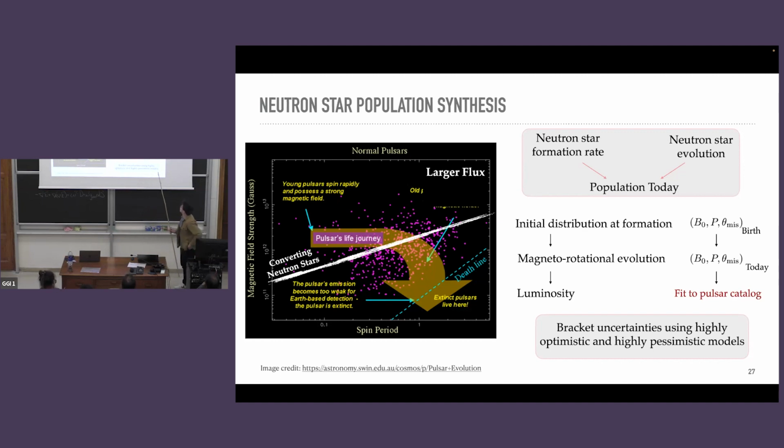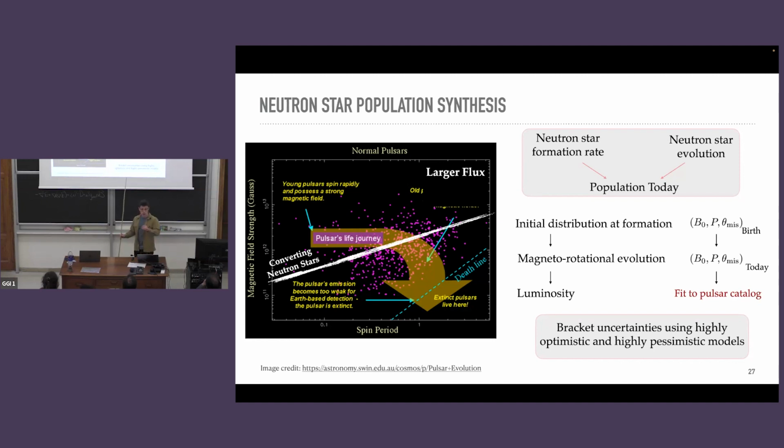And so what that looks like is we need to start with some initial distribution of neutron star properties, model those properties like the magnetic field strength and the spin period through their magnetorotational evolution, and then ultimately make a prediction with this Monte Carlo procedure that I was telling you about before to say, if I have an ensemble of neutron stars, what is the expected forest of lines associated with axion conversion?